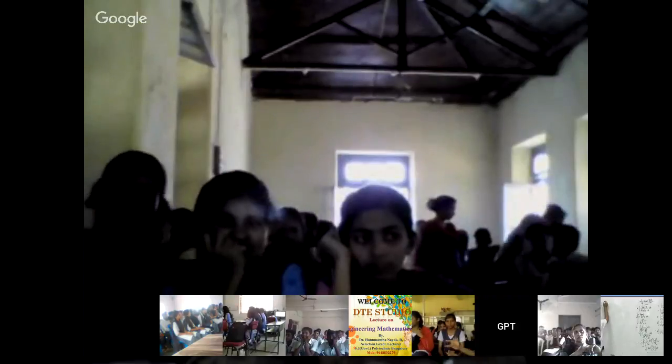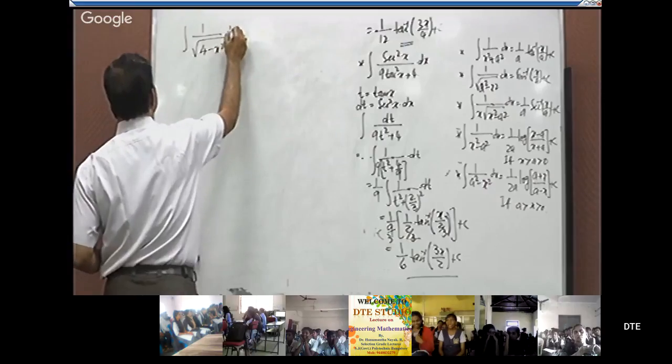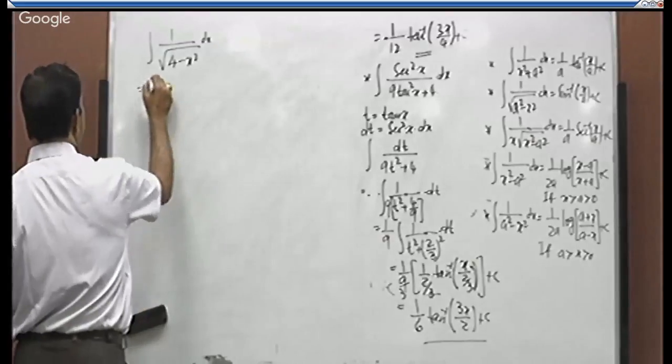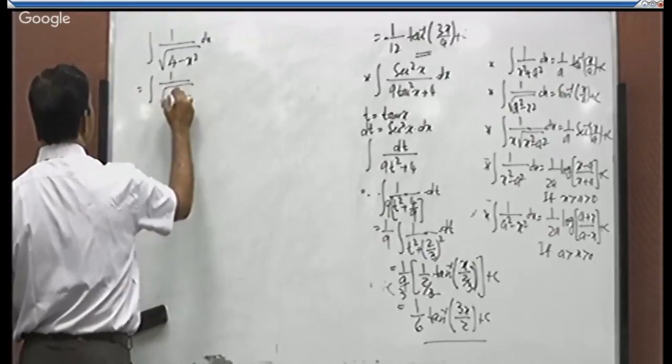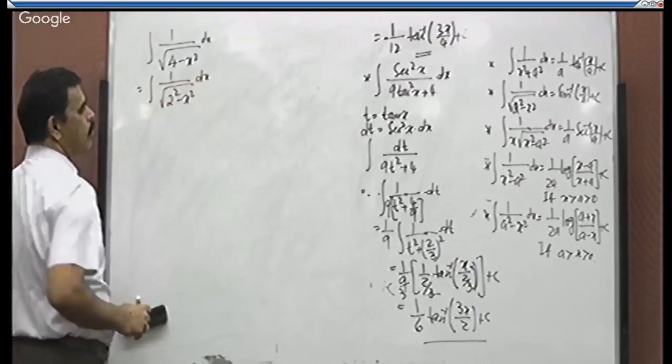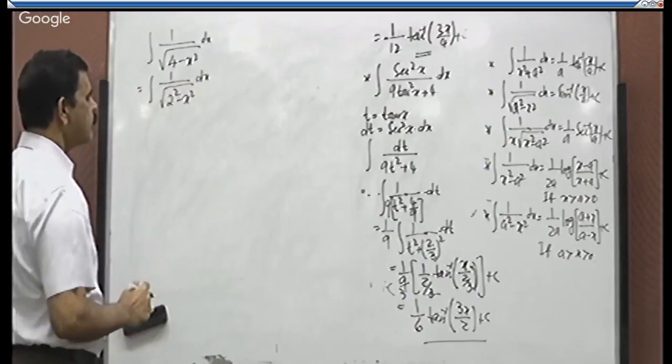So integration of 1 divided by root of 4 minus x square dx. Now it is of what form? 1 by root of 2 square minus x square dx.